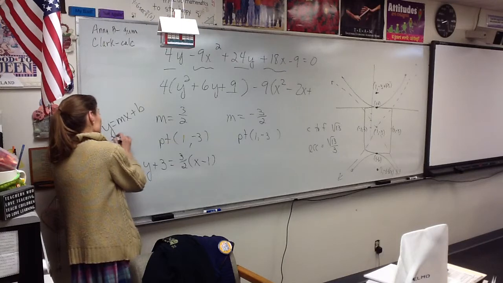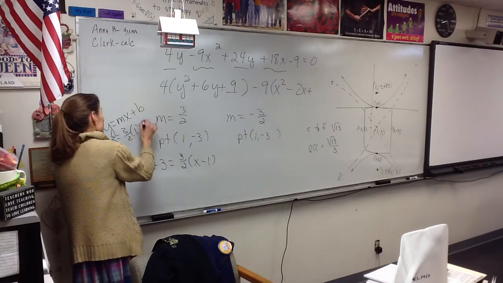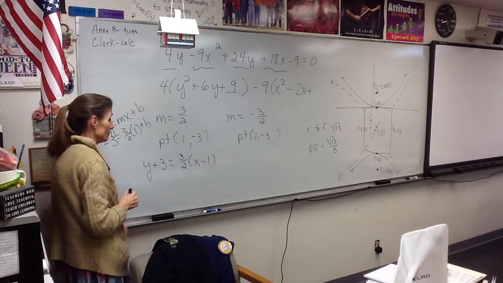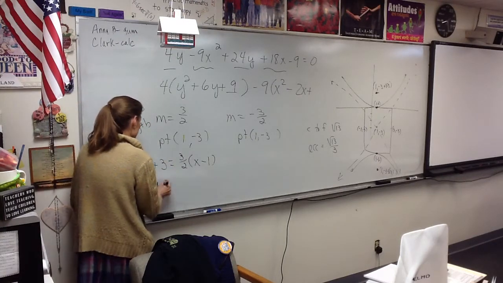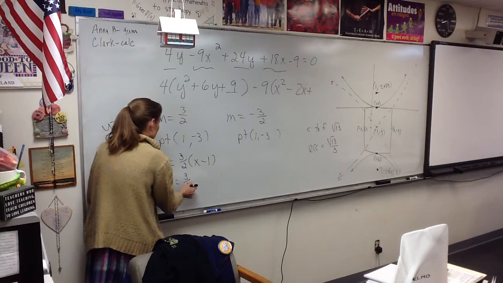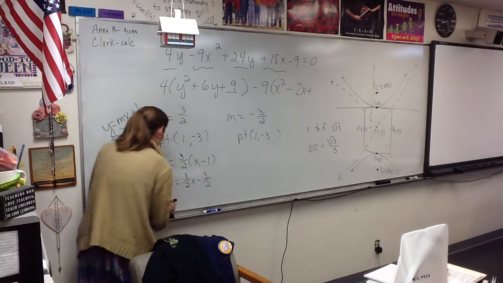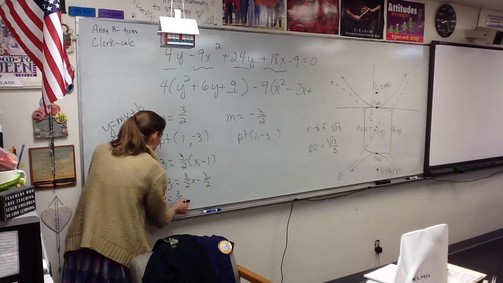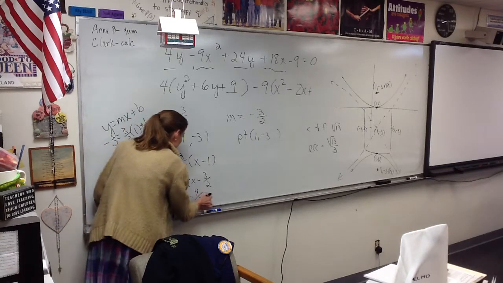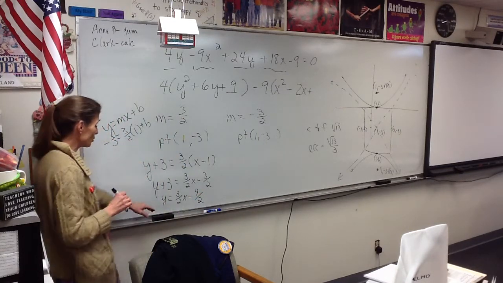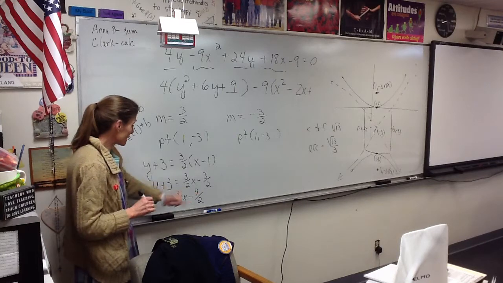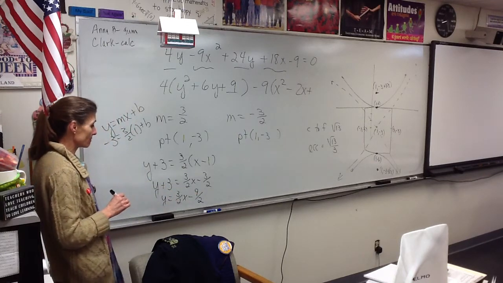You'll say -3 equals 3/2 times 1 plus b, and you'll figure out b. I'll simplify here. So both of us, no matter how we do the problem, should end up with one asymptote being y equals 3/2 x minus 9/2.